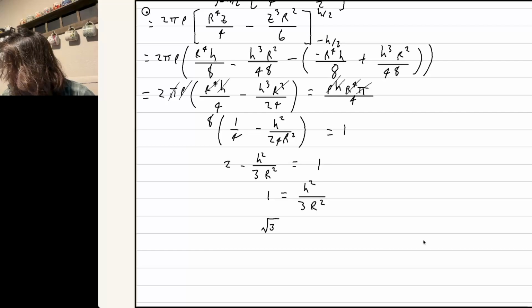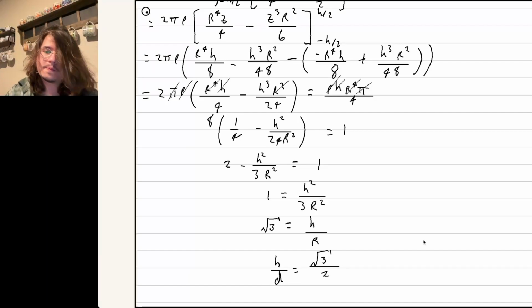Root 3 is h over r. The problem does ask for you to put it in height to diameter ratio rather than height to radius, which does just mean height to diameter is 1/2 of that, so root 3 over 2. Nice.